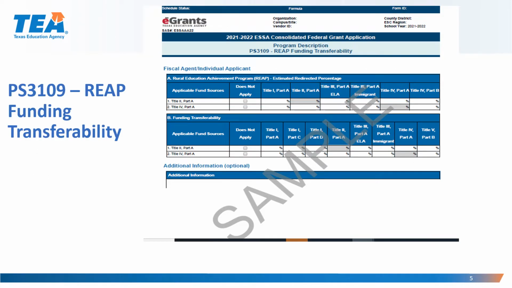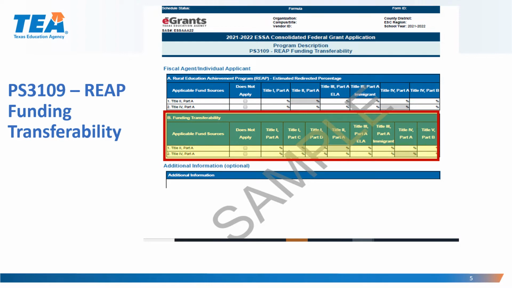The funding transferability option can be found in the ESSA Consolidated Federal Grant Application under PS 3109.